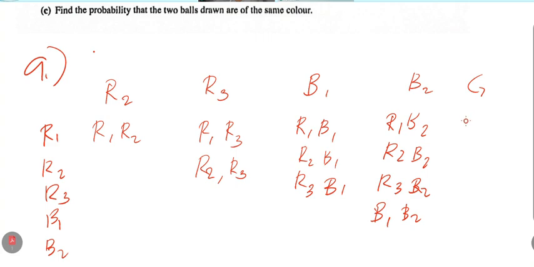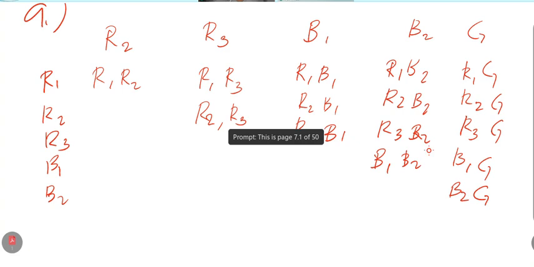Now for the G, we have R1, G, R2, G, R3, G, B1, G, B2, G. Okay, so we have all of those there.